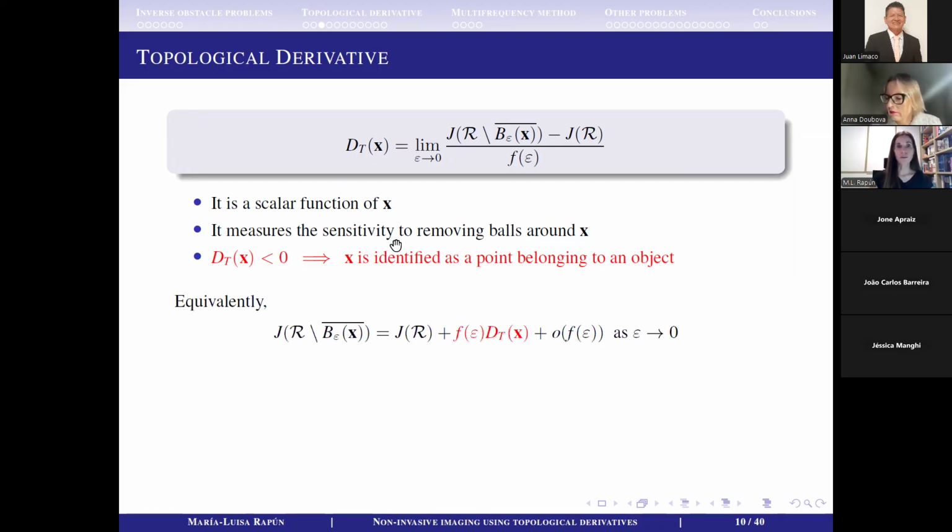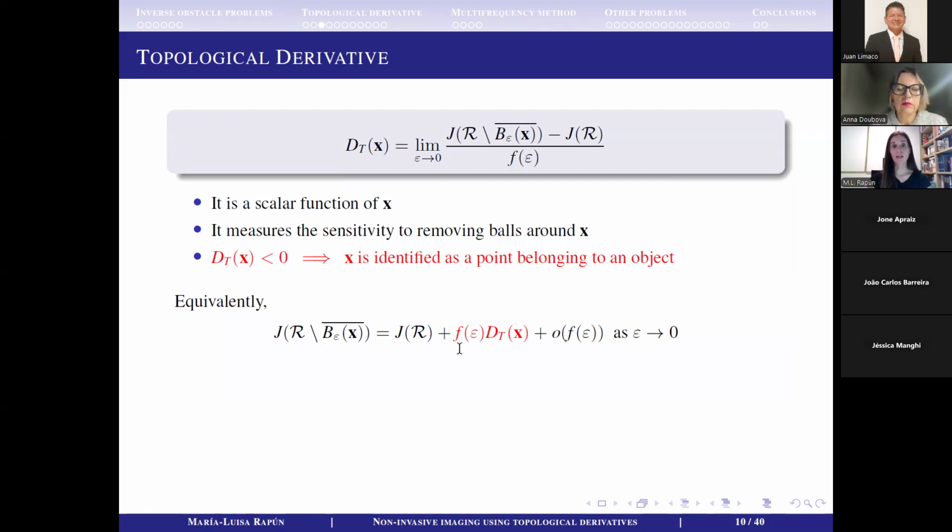Maybe this is more clear if we write this definition in this equivalent form like an asymptotic expansion. So if we remove here the limit from the definition and multiply by f, you write it as an expansion that says that the value of the cost functional when we introduce this small perturbation at the point x is equal to the value of the functional without any perturbation plus this first order term.